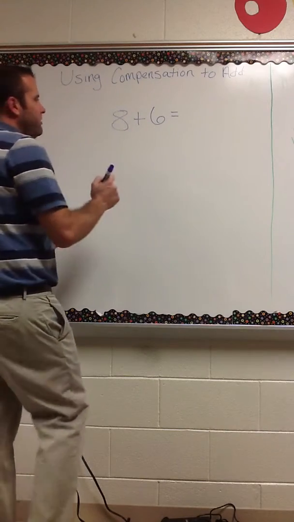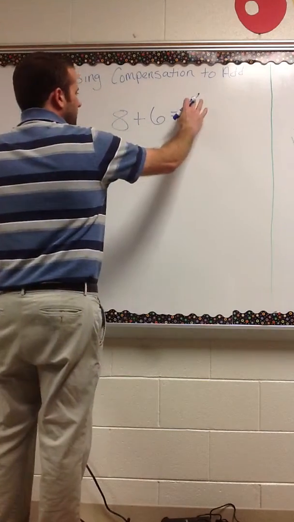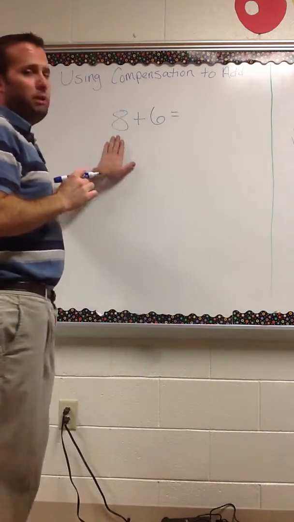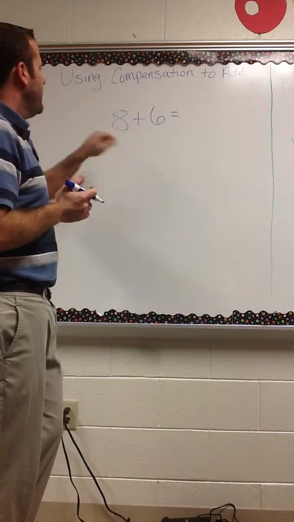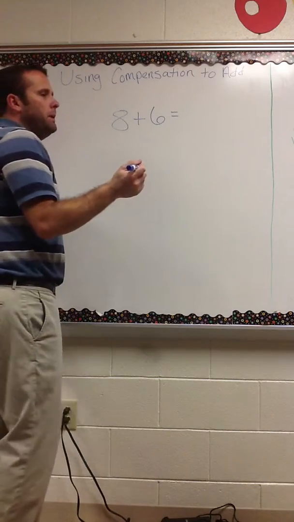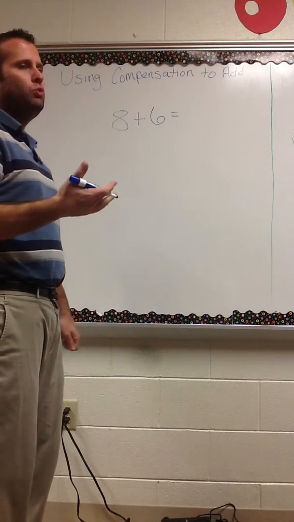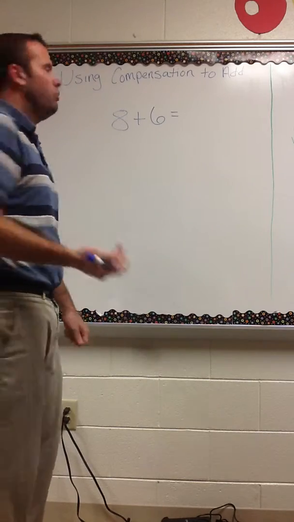If I'm adding 8 plus 6, trying to figure out what that sum is, in my mind, I'm going to start with my largest digit of 8, and my thought process is, what do I need to combine my 8 with to make a group of 10?